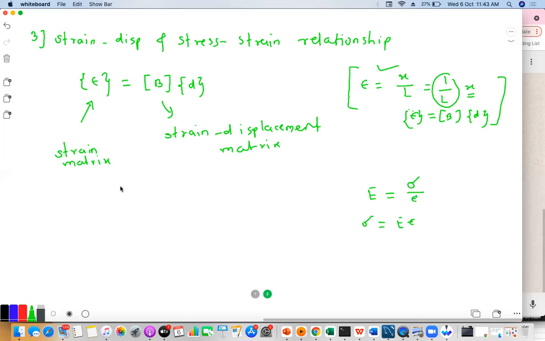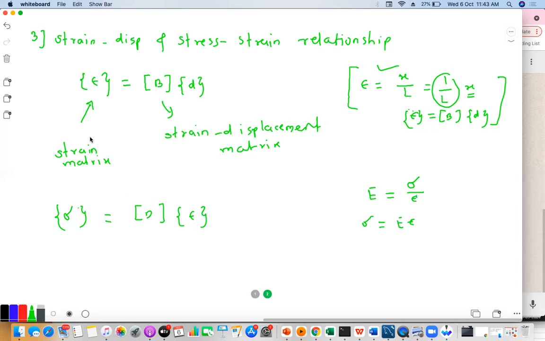Here, if I want to write the stress strain relationship, I can write sigma is equal to D into epsilon.